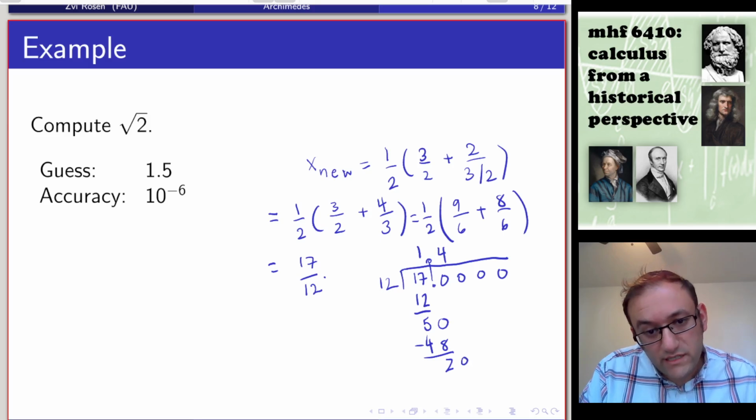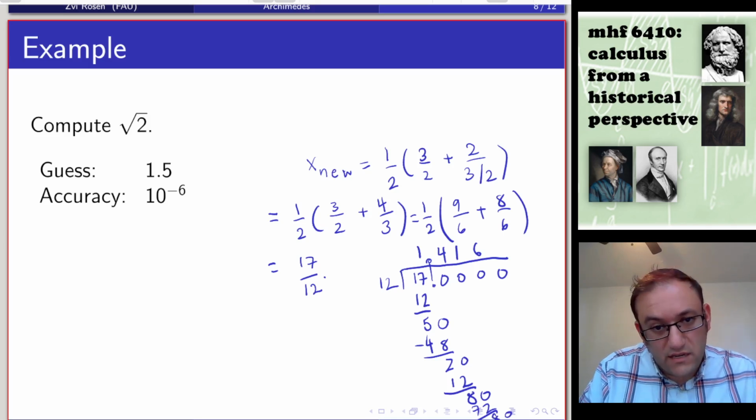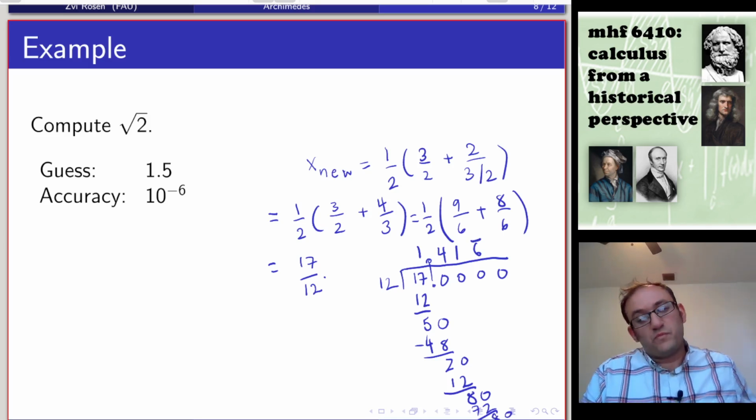Then we get 20. 12 goes in there once. Looking good on square root of 2 so far. We get 8 over here, 80. 12 goes in 6 times. And then we get 72, and we get 80 again. So we see here this is going to be a repeating 6.